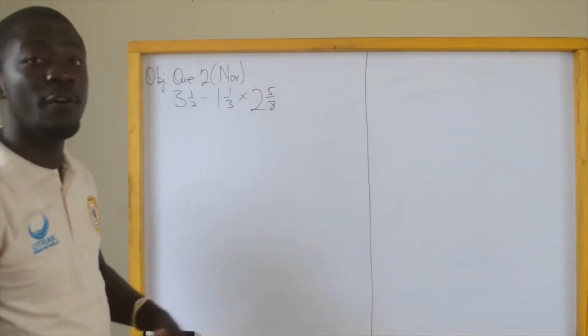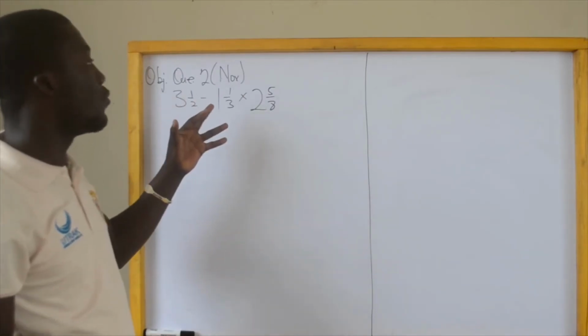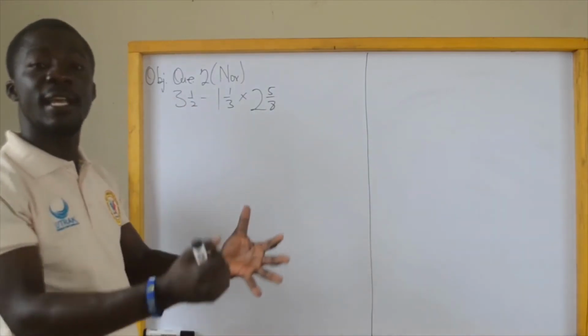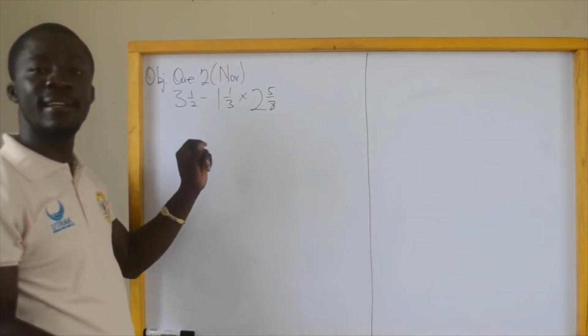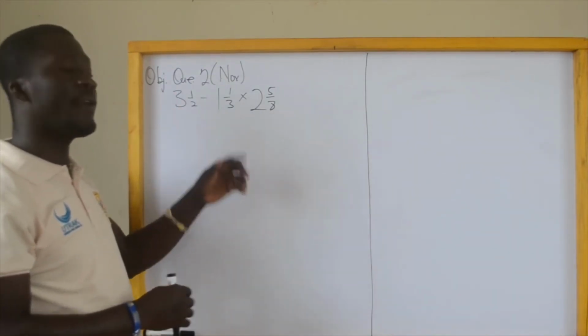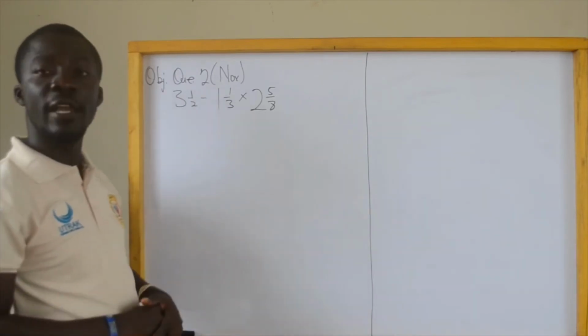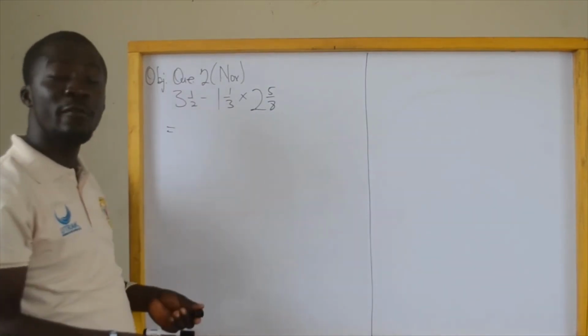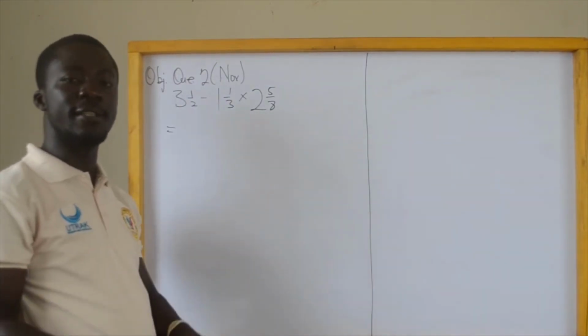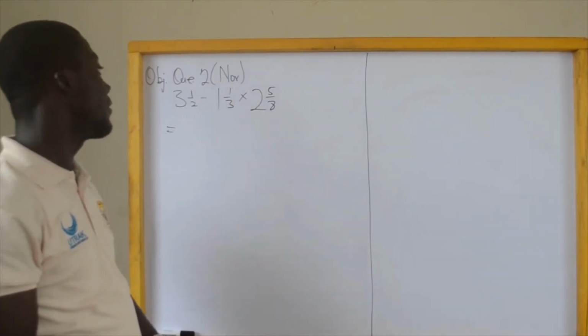Our solution for objective question 2 in November, which says that we should simplify 3 whole number 1 over 2 minus 1 whole number 1 over 3 times 2 whole number 5 over 8. Our first step is to convert the mixed fractions to improper fractions.